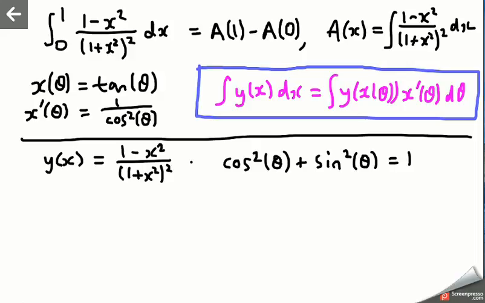That's going to come in handy. If we divide through by cosine of theta squared, cosine of theta squared divided by cosine of theta squared is 1, plus sine of theta squared divided by cosine of theta squared, which is tangent of theta squared.